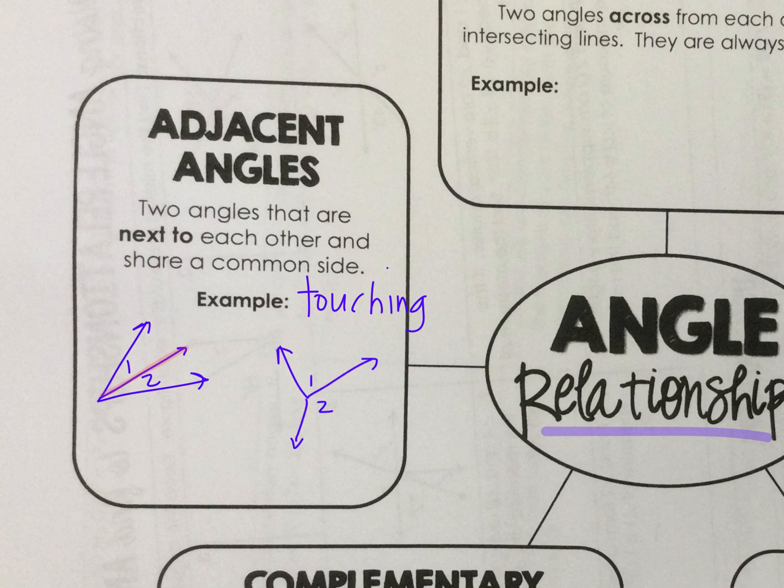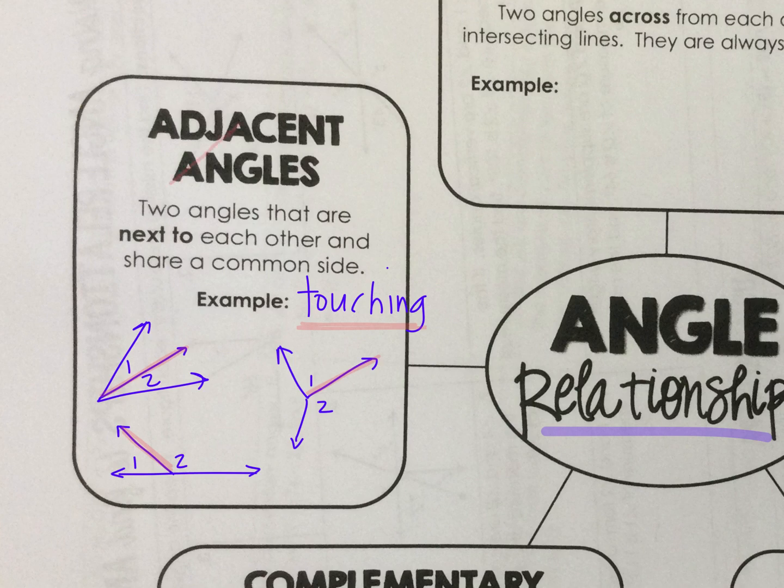They're also obtuse, but that doesn't matter. They're adjacent because they're sharing that line right there. It could also look like that. Angle 1 and angle 2, because they are sharing that line. Okay, so adjacent just means touching.